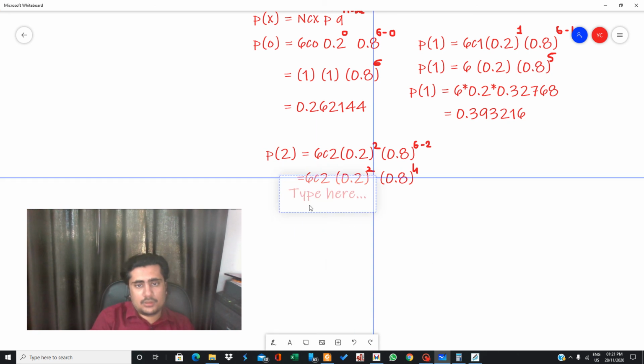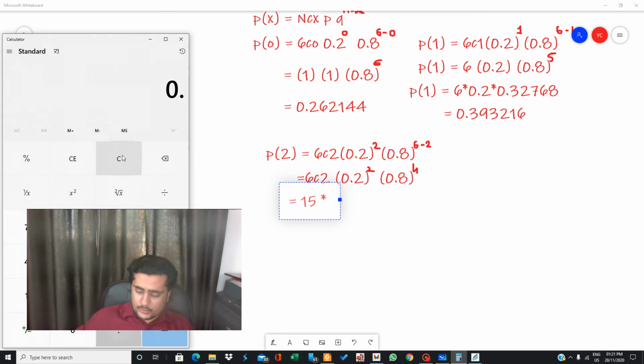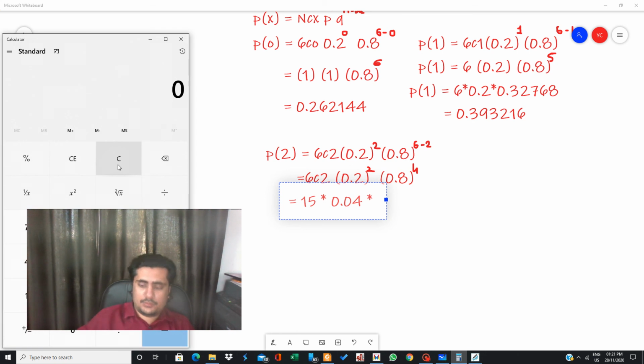Now what is 6C2? 6C2 is 6 into 5, 30, 30 by 2, it is 15. What is 0.2 raised to 2? 0.2 into 0.2, that is 0.04. 0.8 raised to 4 is 0.8 into 0.8 into 0.8 into 0.8.